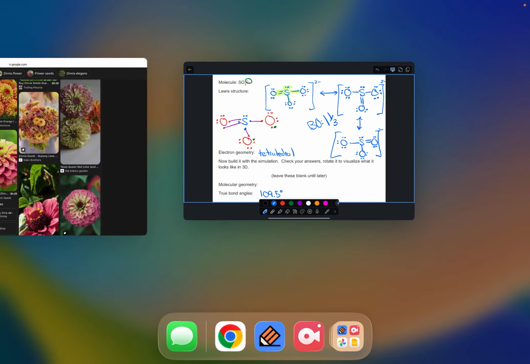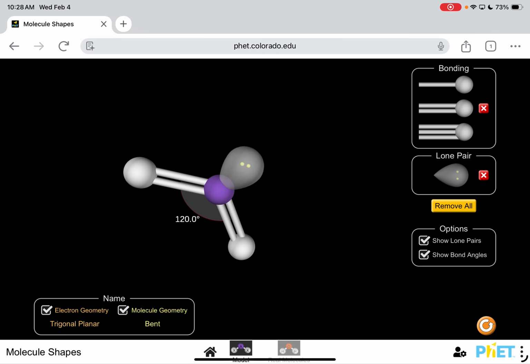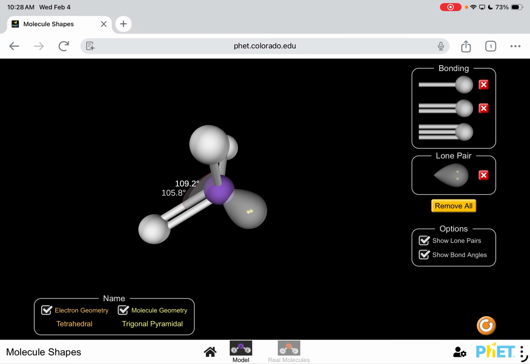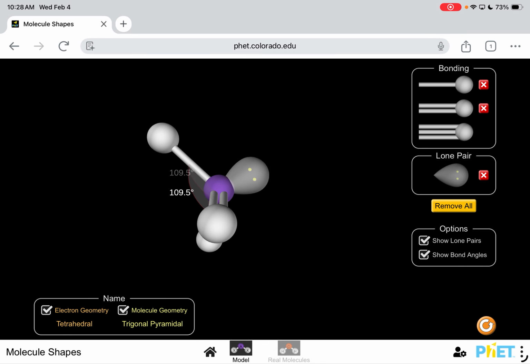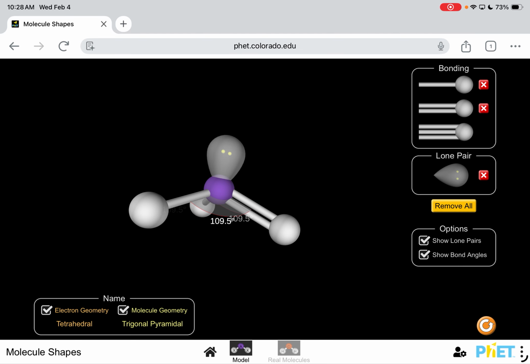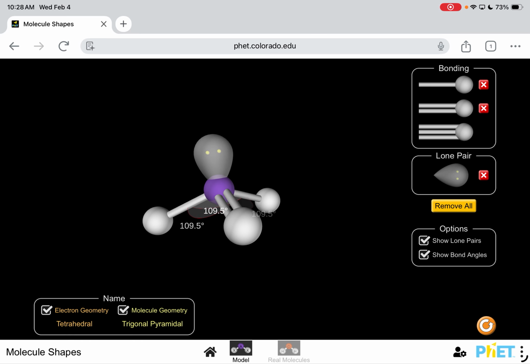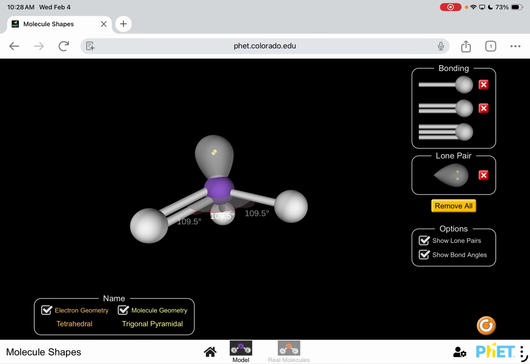Now let's look at the shape here. So 4 groups, like we would expect, that same tetrahedral shape, one of which is a lone pair. So when you turn it on its side, it's trigonal pyramidal. And again, the lone pair on the central atom squishes those bond angles just a little bit, so we say less than 109.5.